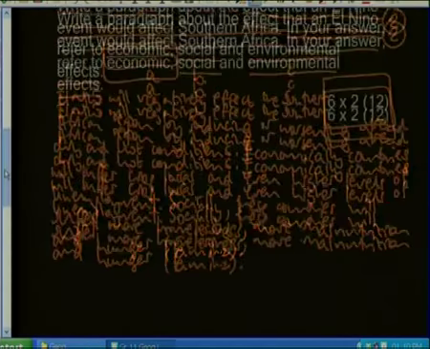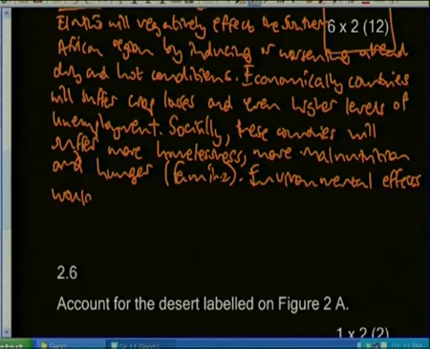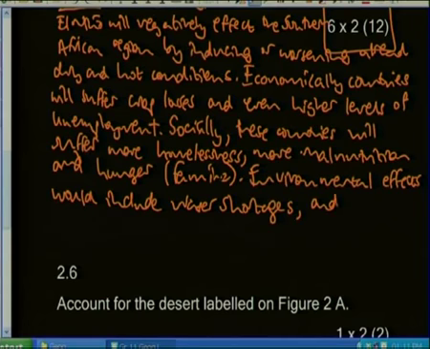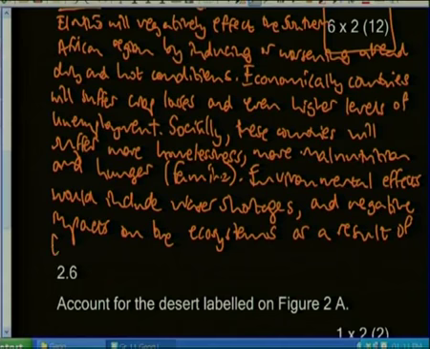And then remember, we're looking at environmental effects as well. So let's talk a little bit about the environment now in the last part of our paragraph. Environmental effects would include water shortages and negative impacts on the ecosystems or ecology as a result of too little or no rain.